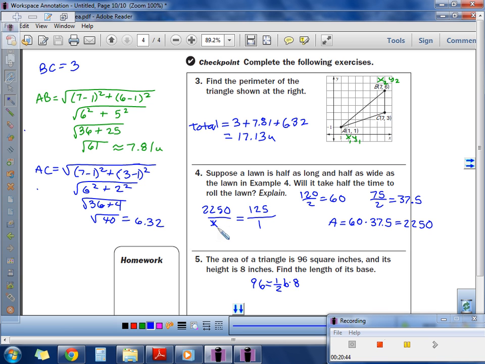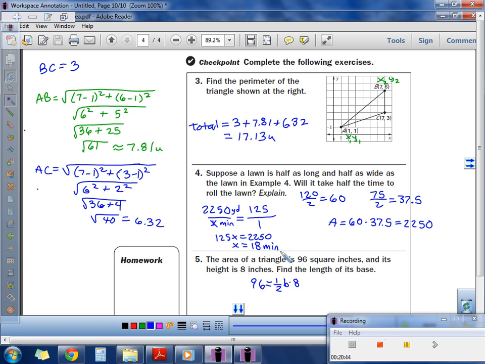Cross multiply from there. So we get 125 times x equals 2,250. Divide by 125, and what do we get? 8 or 18? 18. And what are the units on that answer? Well, remember, this is the yards per minute, so that's a minute. So it'll take 18 minutes.